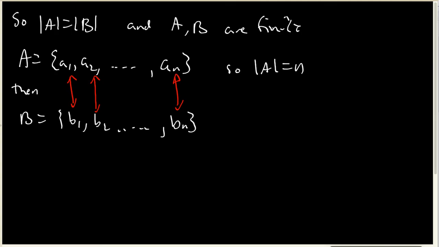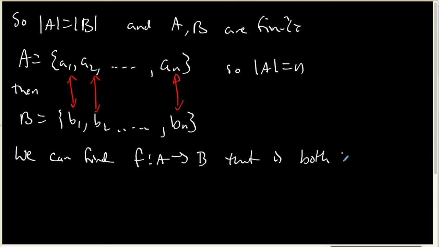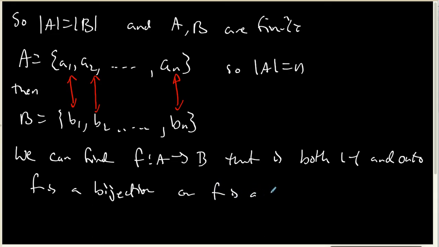In other words, what we've got in this situation is that we can easily find a function F that goes from A to B that is both one-to-one and onto. In other words, F is a bijection, or in high school language, F is a one-to-one correspondence.